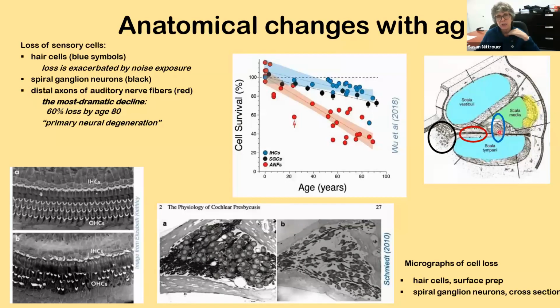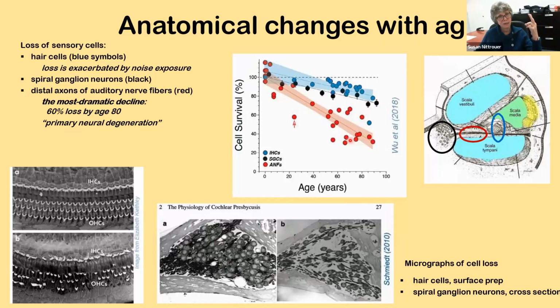Remember, every inner hair cell in a young normal cochlea has multiple auditory nerve fibers terminating on it. Well, if half those nerve fibers atrophy, then the signal being transmitted is not going to be as clear.